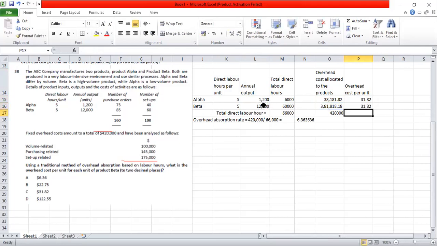Okay, so we got this as 31.82. 31.82 is the overhead cost per unit. The same set of data, what is the ABC method asking for? So I'll get the question here, question number 39.